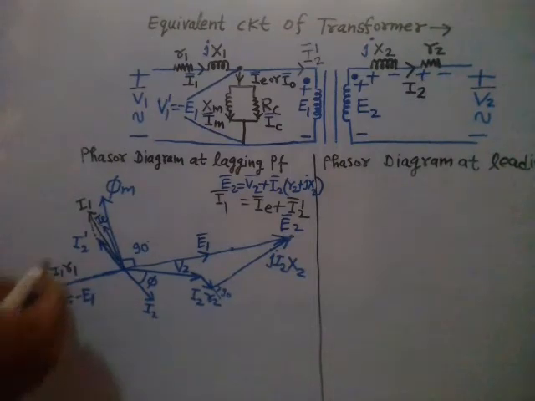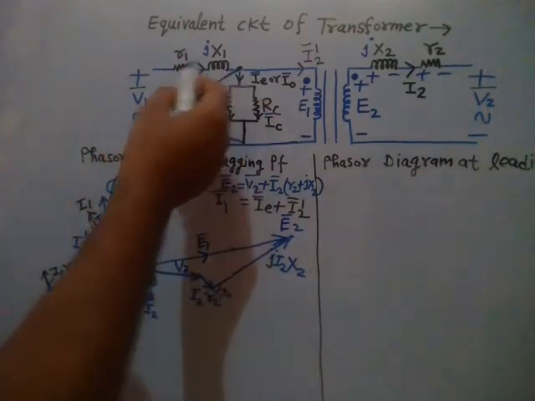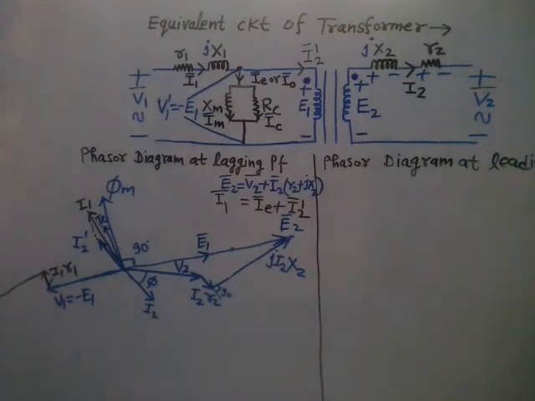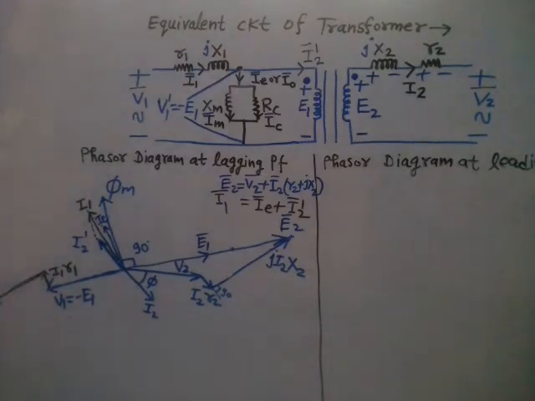Now add this j I1 x1, add this j I1 x1, right? So this is basically j times of I1 and x1.